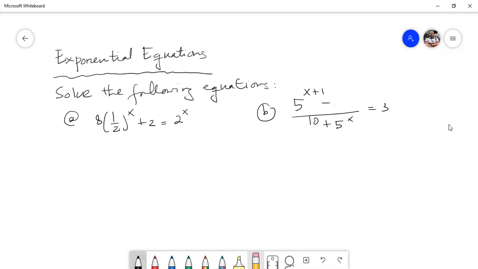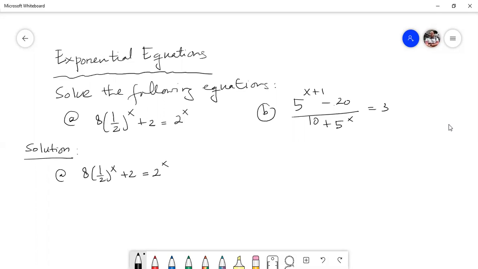Okay, we try to solve this one by one. Let's see question A. So 8 times (1/2) to the power x plus 2 equals 2 to the power x.